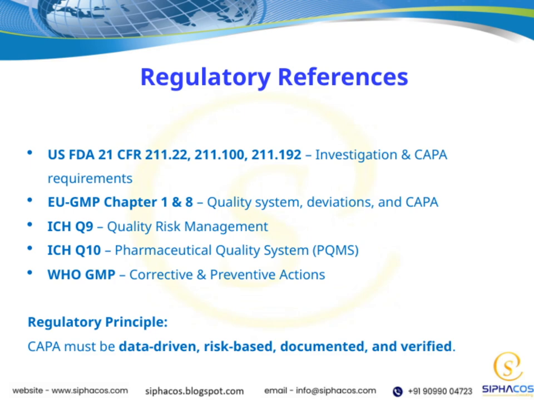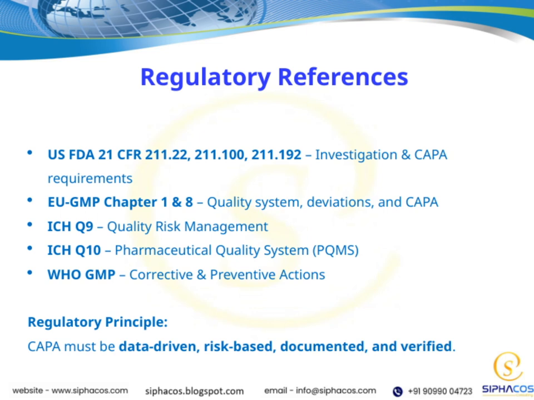ICH-Q10 further expands on the pharmaceutical quality system, providing a comprehensive framework that integrates CAPA into the broader quality management system. The WHO GMP guidelines also emphasize that CAPA should be both corrective and preventive, aligning with global best practices.